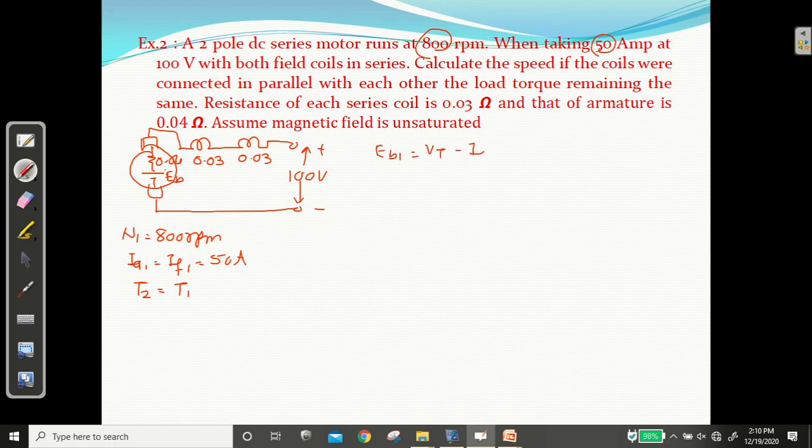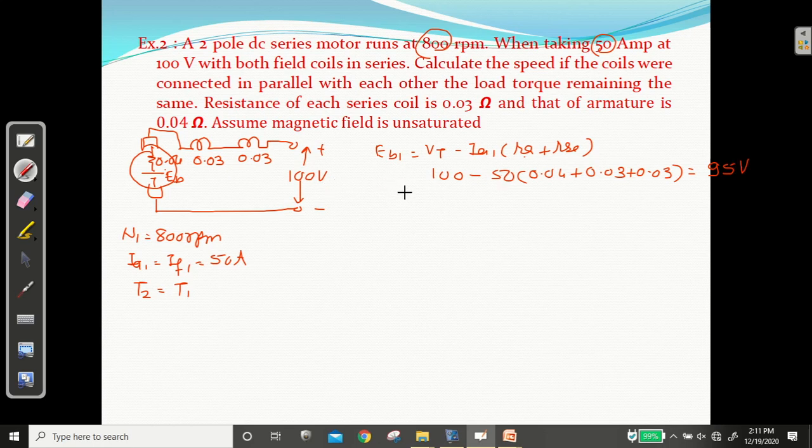VT minus IA1 into (RA plus RSC). VT is 100 minus IA1 is given as 50, into RA plus RSC, which is 0.04 plus 0.03 plus 0.03, so it is 0.1 into 50, 5. 100 minus 5 is 95 volt we will get, that is EB1.